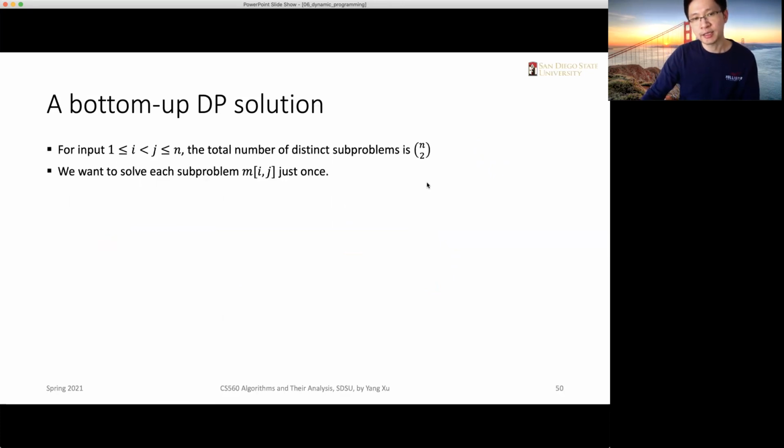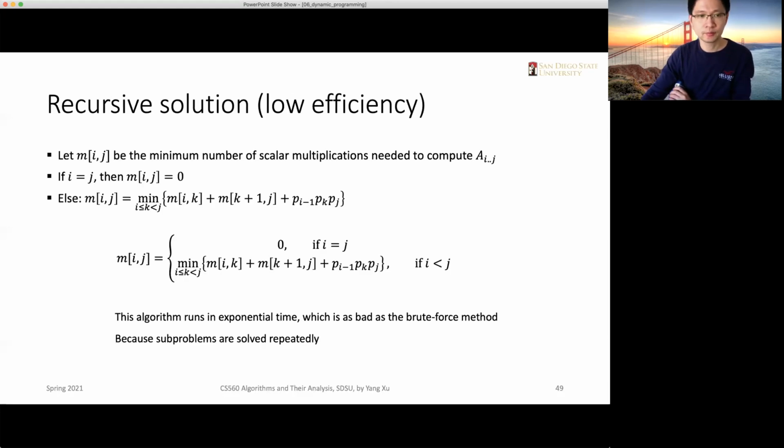The idea is that we don't want to solve the same subproblems repeatedly. For each problem, we want to solve it just once. From the previous slide, we know that the solution of a problem between i and j depends on the solutions to smaller problems.